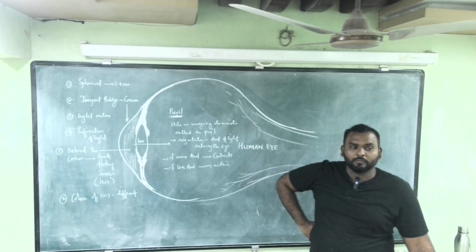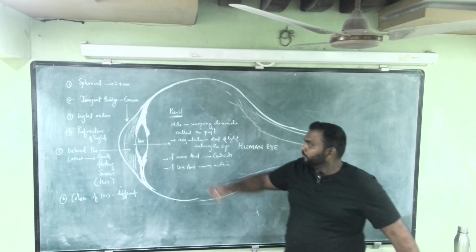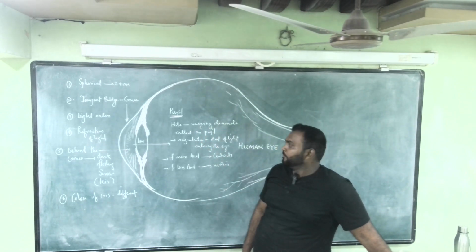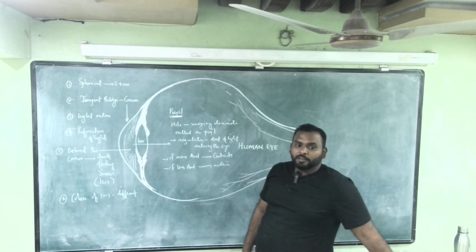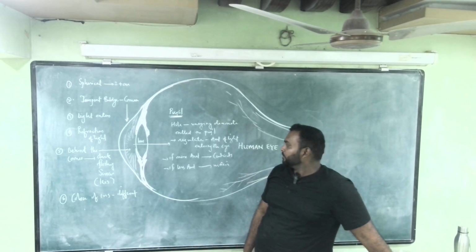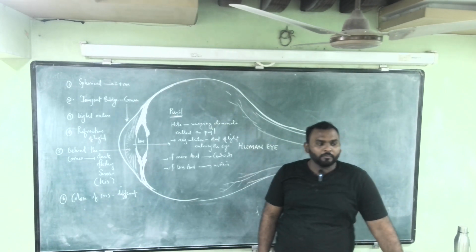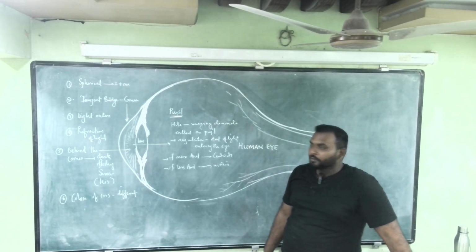At the center of the iris, there is a hole called as pupil. The pupil regulates the amount of light entering the eye. If more amount of light enters the eye, it contracts. If less amount of light enters the eye, it widens.